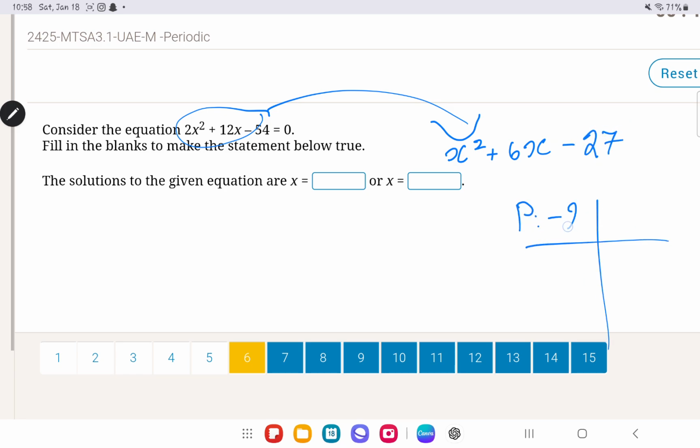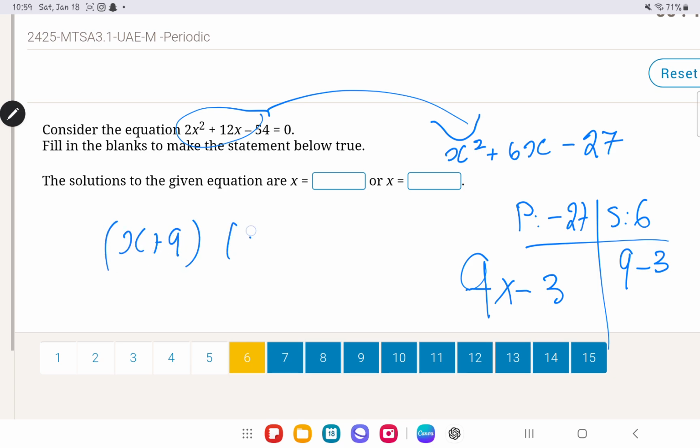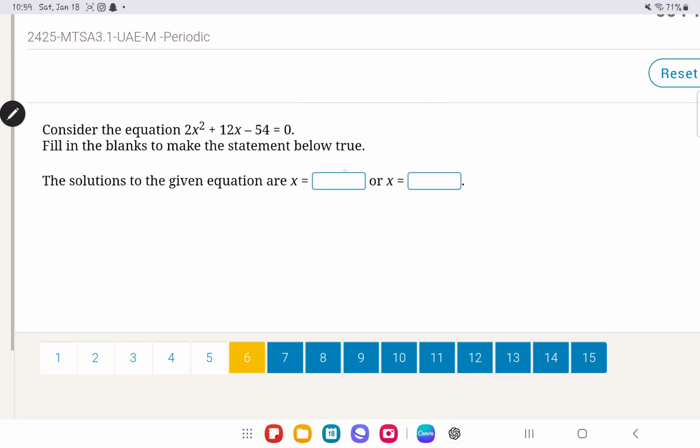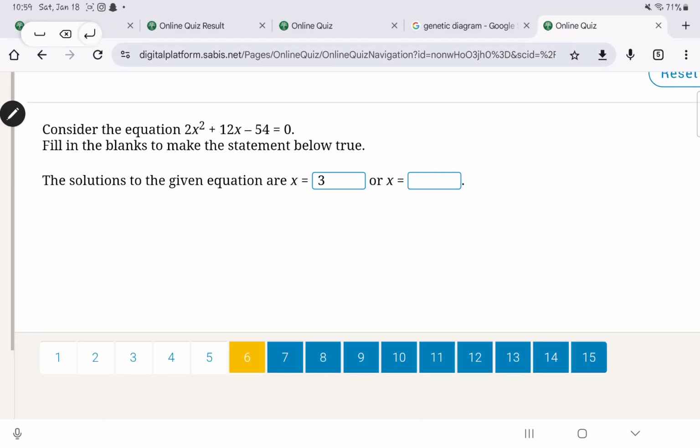What gives us a product of minus 27 and a sum of 6? We can try 9 times minus 3 and 9 minus 3. So x plus 9 times x minus 3. So x is equal to minus 9 and x is equal to 3. So the given roots are then 3 and minus 9.